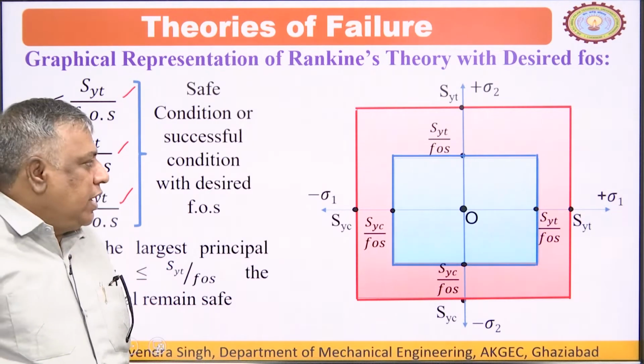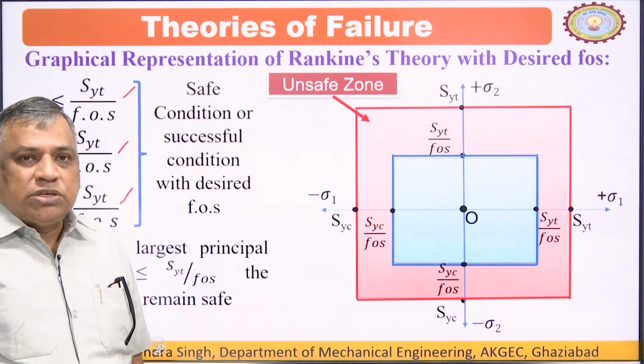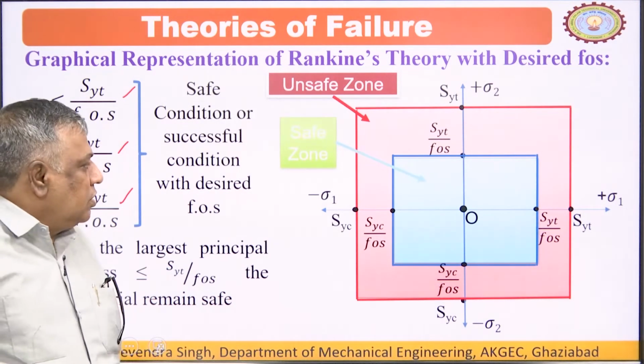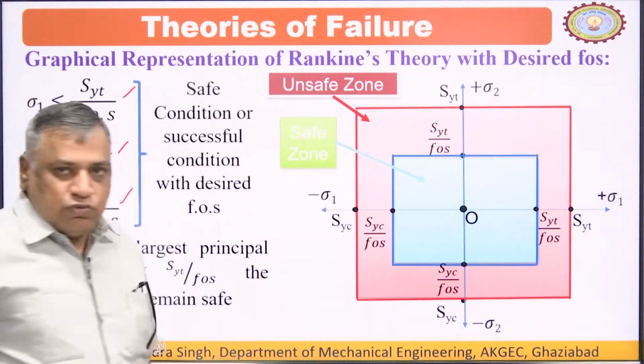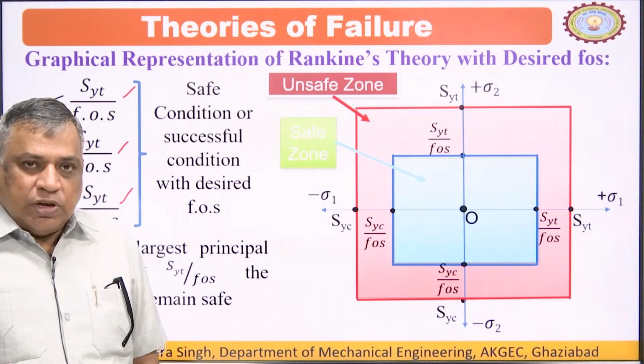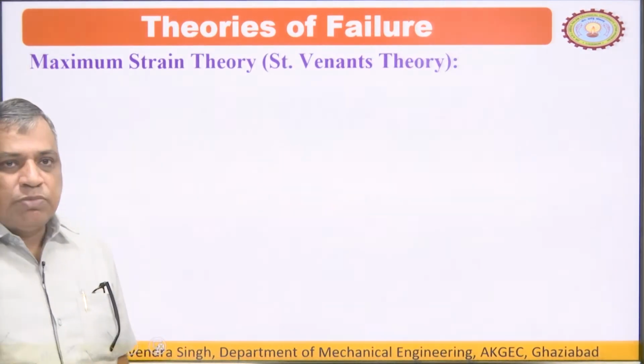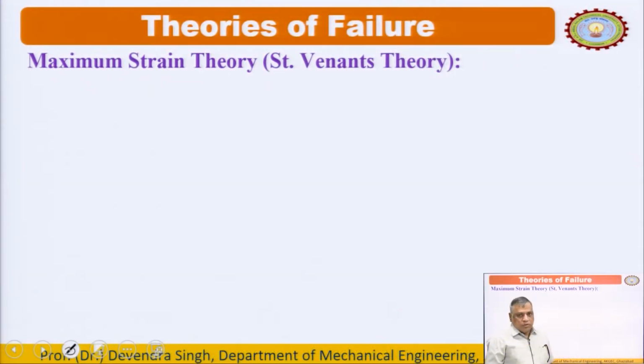That is why I have shown this area with red color. So, this is the unsafe zone, and with green color this is the safe zone as per Rankine's theory. Now, the next theory is the maximum strain theory or Saint-Venant's theory.